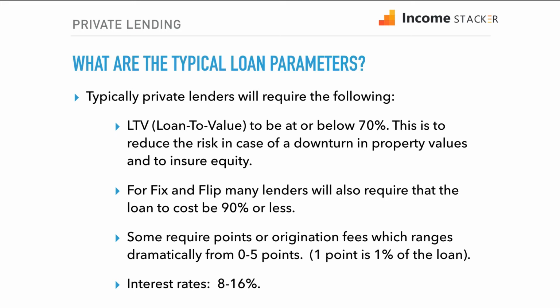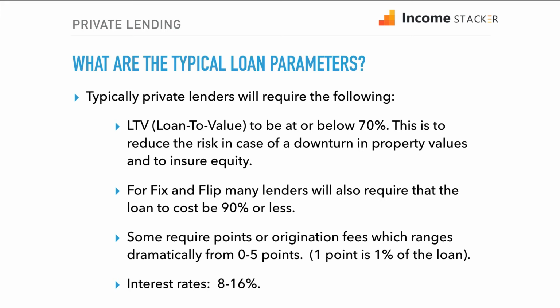Some require points or origination fees, which range dramatically, from 0 points, nothing, to 5, right? So 1 point, by the way, is 1% of the loan. So if someone lends $100,000, 1 point is $1,000. If the origination fee is 1 point, that's $1,000 for a $100,000 loan.